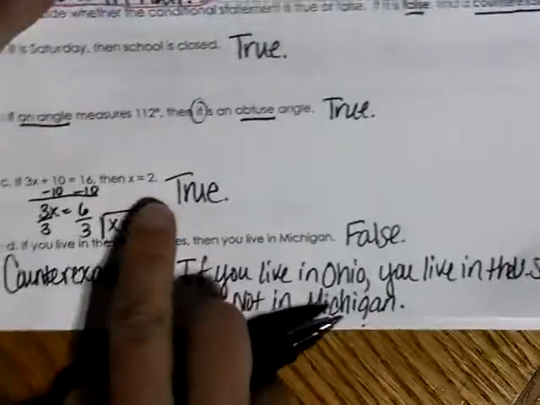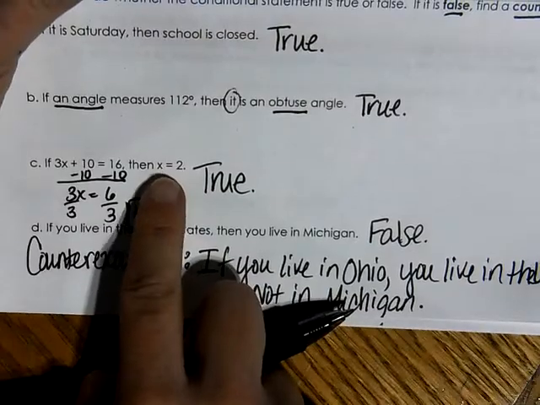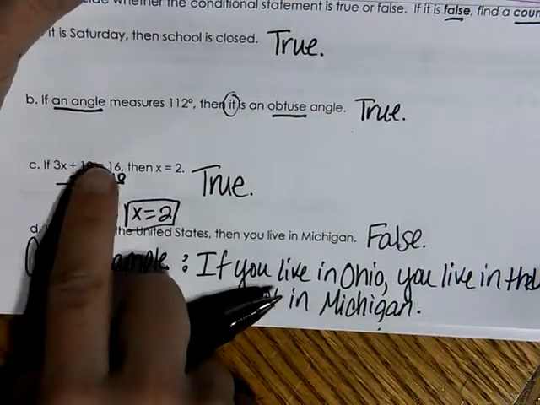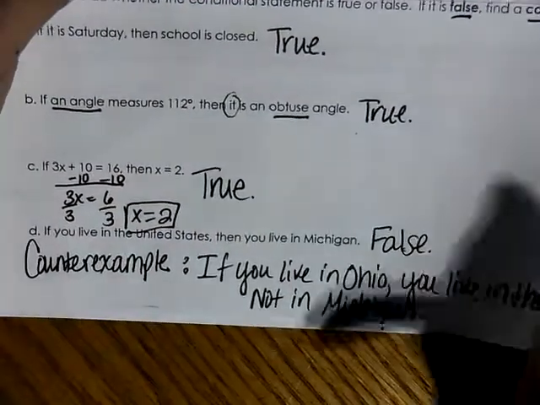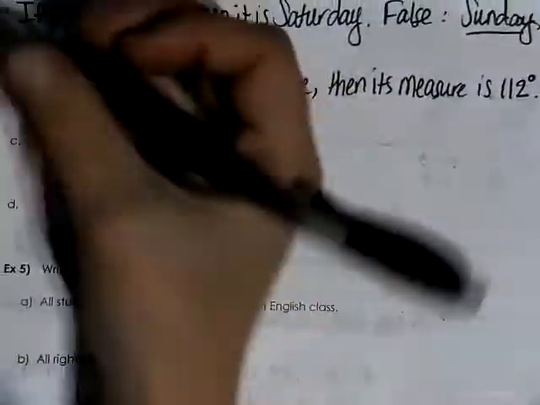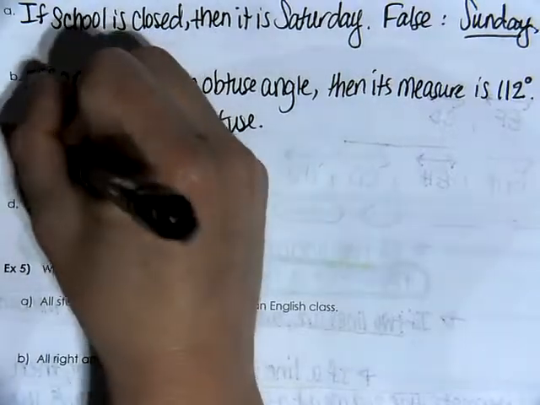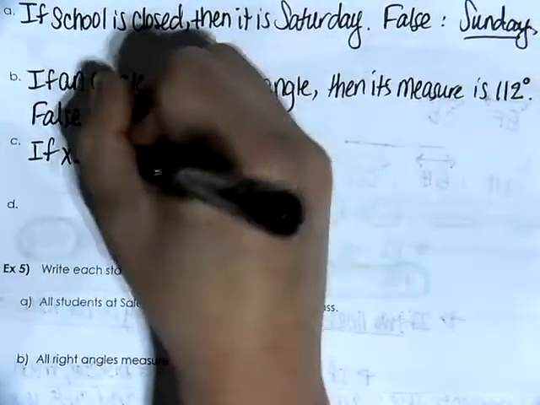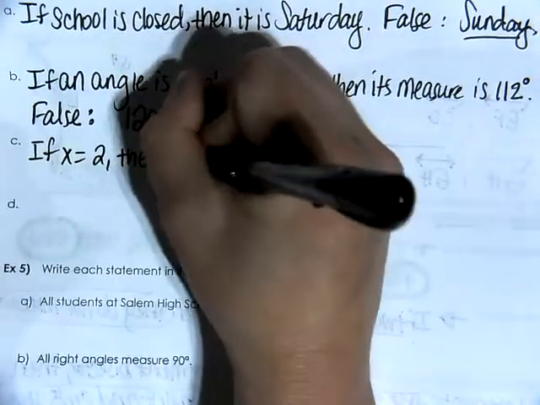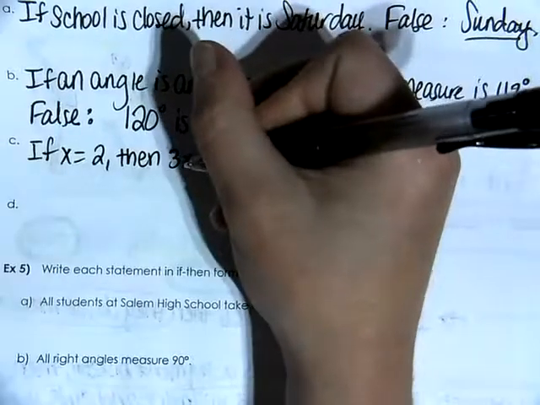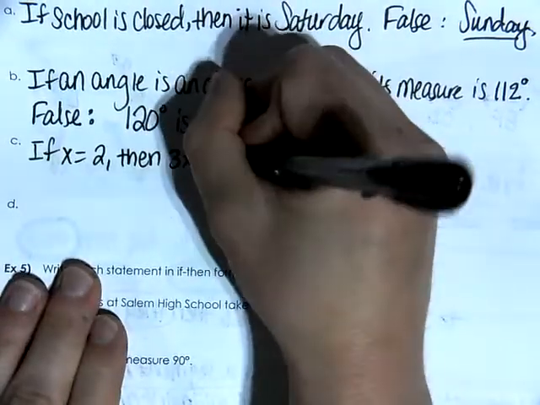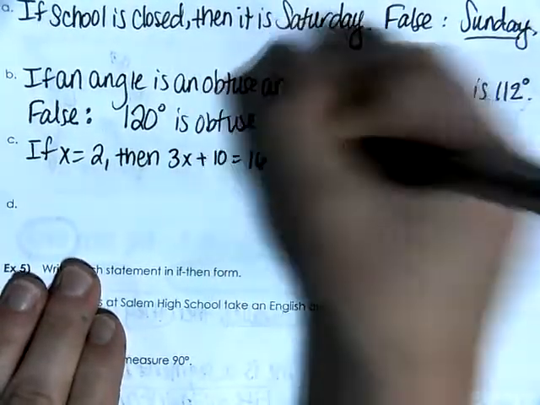Letter C says, if x is equal to 2, then 3x plus 10 equals 16. Let's go ahead and look at that. If x equals 2, then 3x plus 10 equals 16.